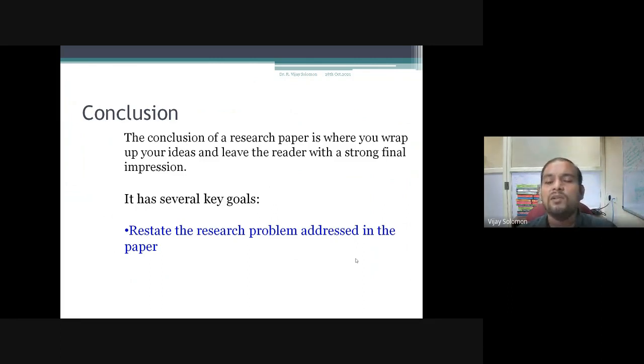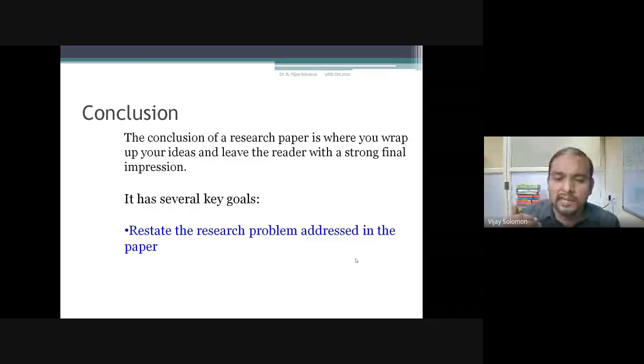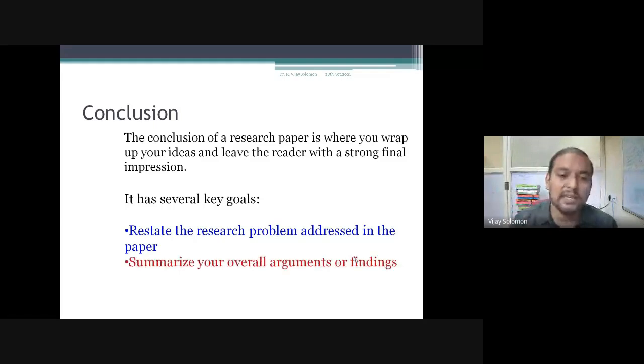You have to reiterate the entire work in one line. For example, here we study the importance of GST in the economic growth of Tamil Nadu industrial development through a quantitative and qualitative study. That is why I said restate the research problem addressed in the paper.